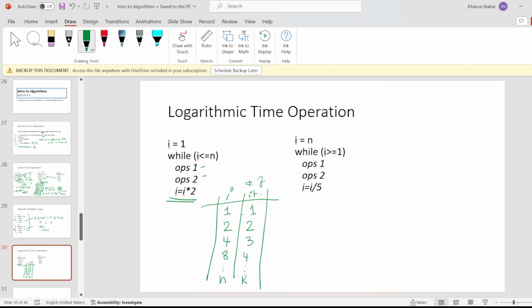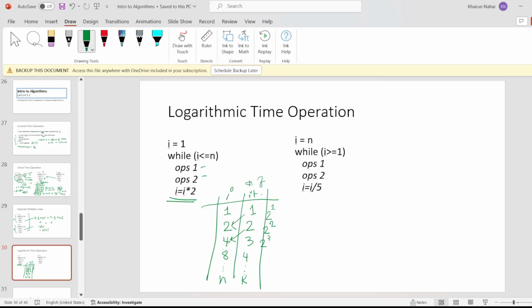So if I look at these columns, we see that this number I is a result of 2 to the power number of iteration. So 2 powered 1 equals 2. 2 powered 2 equals 4.